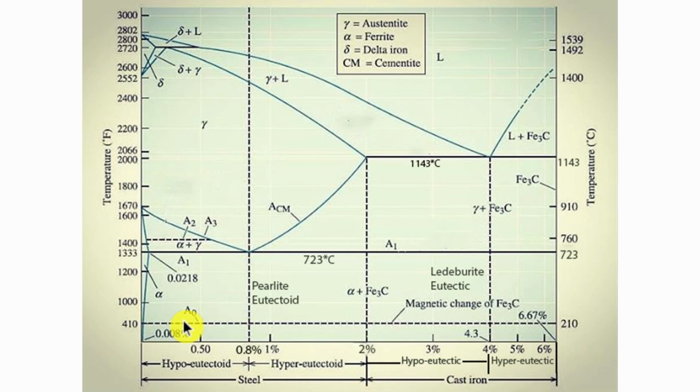Now, first I will define a few important temperatures, which are called critical temperatures. A0 is a critical temperature of 210 degrees centigrade. This is the Curie temperature of cementite.